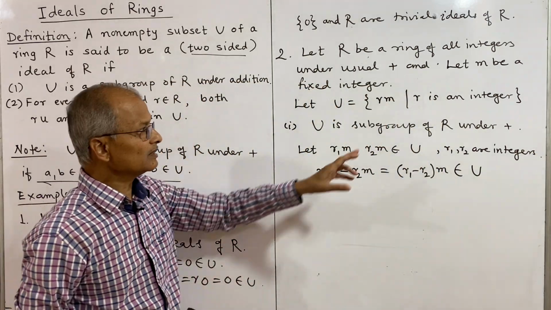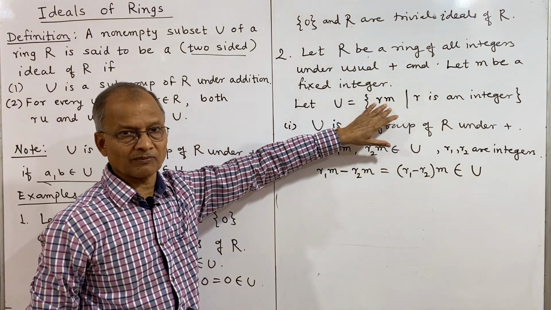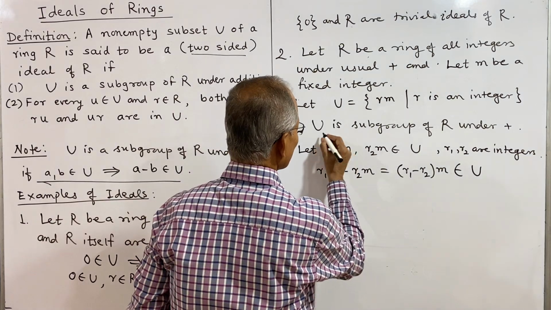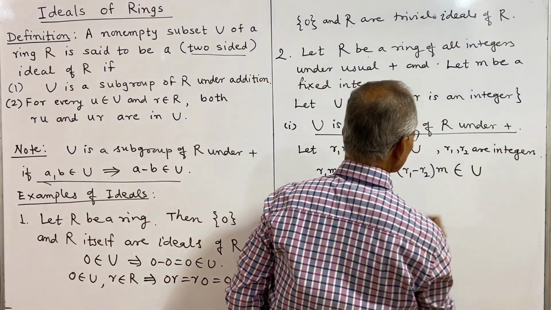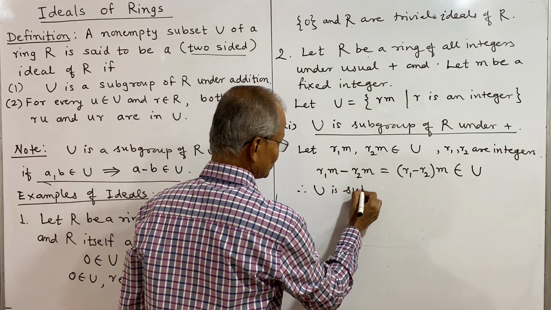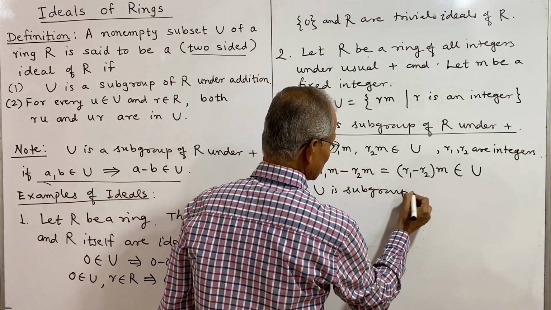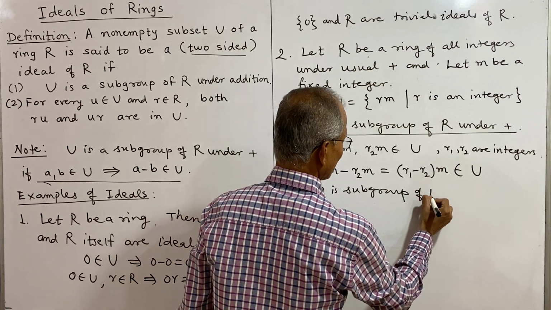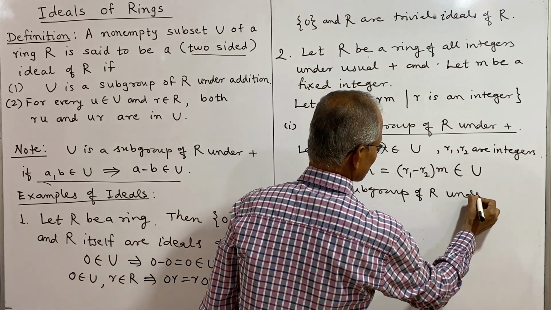The meaning is this is the set of integer multiples of m, and thus this belongs to U, and therefore U is a subgroup of R under addition. The first condition is verified.